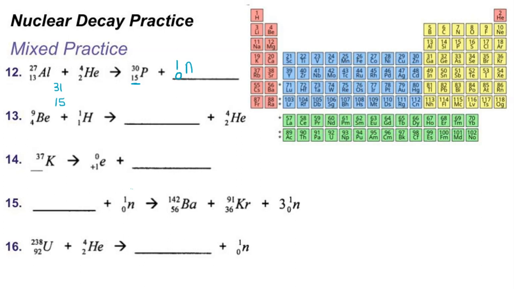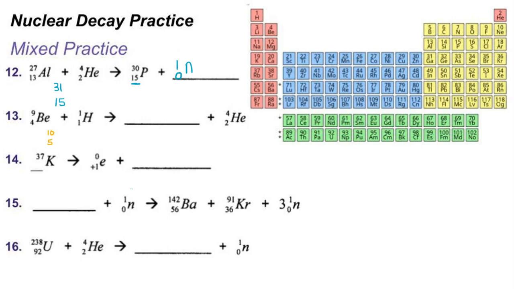In the next problem, let's see, we have beryllium and hydrogen isotopes on our reactant side, and then we have helium as one of our products of our nuclear reaction, so we just need to know what the other product is. So we'll start by adding up our mass and protons on the reactant side. 9 plus 1 gives us 10, 4 plus 1 gives us 5, and then we just need to match those numbers on the product side.